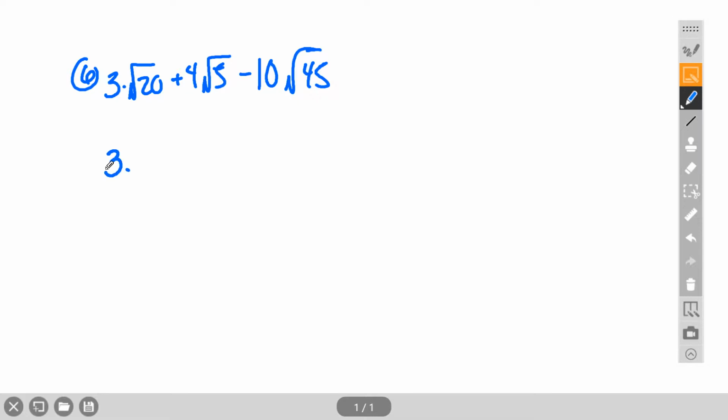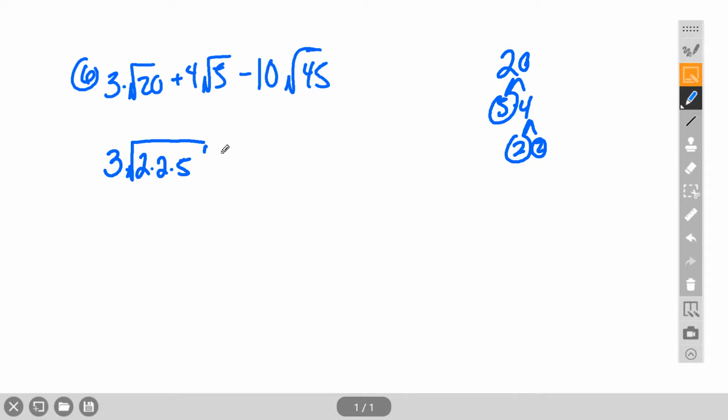So we'll start by simplifying 3 square root 20. So 20 breaks up into 5 times 4, and 4 breaks up into 2 times 2. So this is 3 square root of 2 times 2 times 5, plus 4 square root of 5, because 5 doesn't break up, so we don't have to worry about that.